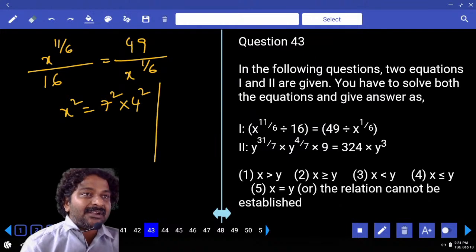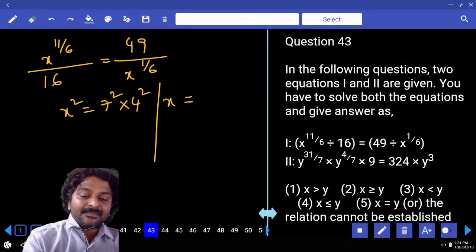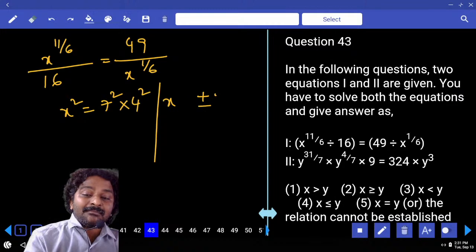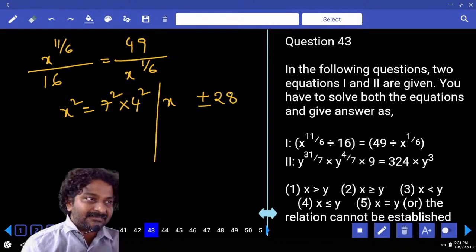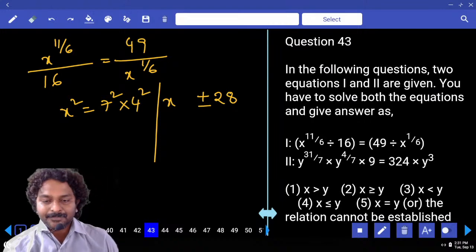Then x value is equal to 7 into 4, 28. So what is the x value here? Plus or minus 28. We have x square.